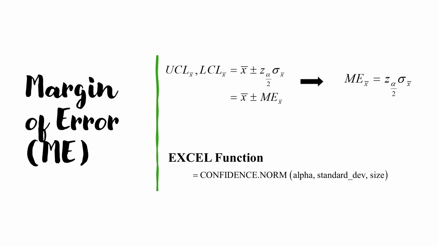With the margin of error, the upper limit, the mean is going up by that figure, and the lower control limit is going down by that figure. Now, this can be calculated using the Excel function, not the upper control limit and the lower control limit I'm referring to, just the margin of error. If you use the confidence.norm formula, you will get the margin of error, but you do have to go back to your formulas to calculate the upper control limit and the lower control limit.